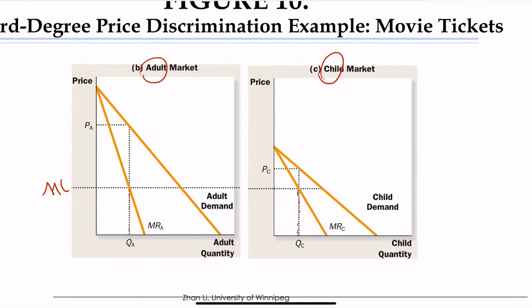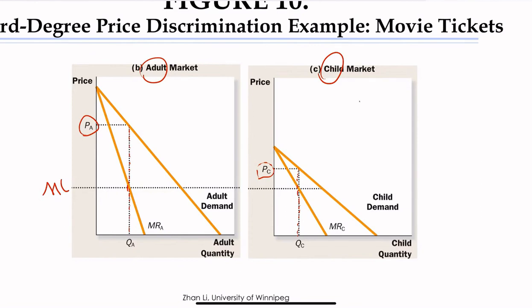Well, our major focus here is not about quantity. We're looking at the price here. So in the adult market, go upward. We find out PA, which is the price in the adult market. And then in the child market, again, we go upward. Right? We cross the child demand curve. So we get PC, which is the price in the child market.